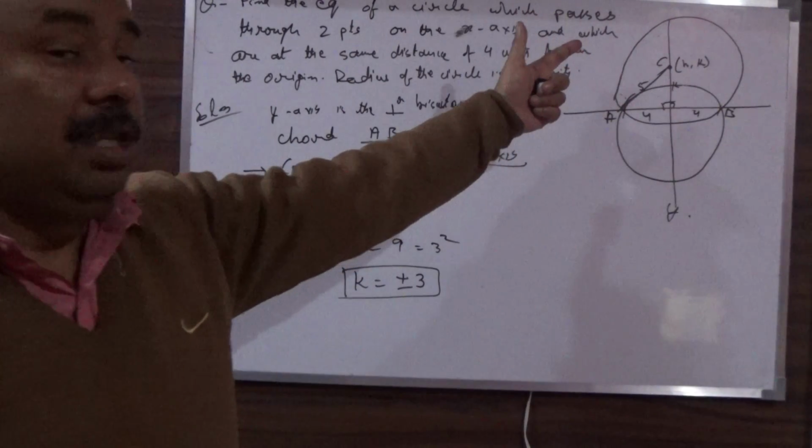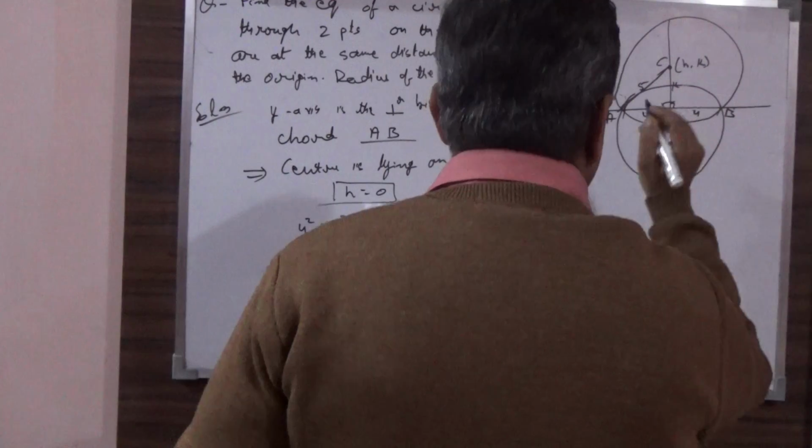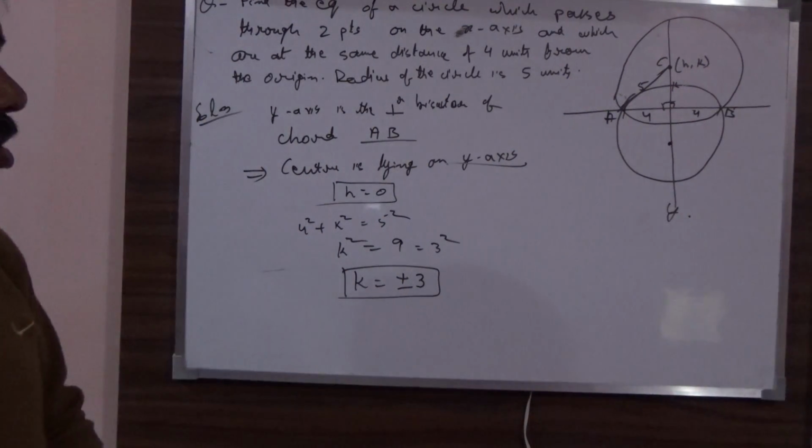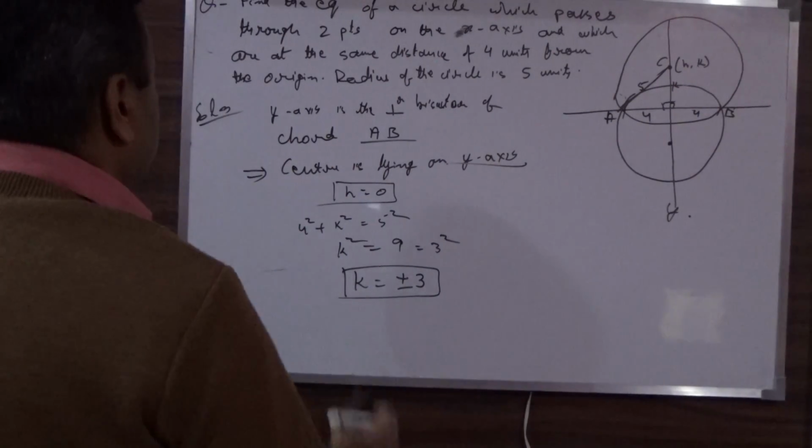As you can see, you are having two circles. So there will be this one also, this point also. Now using this, I can find two equations of the circle.